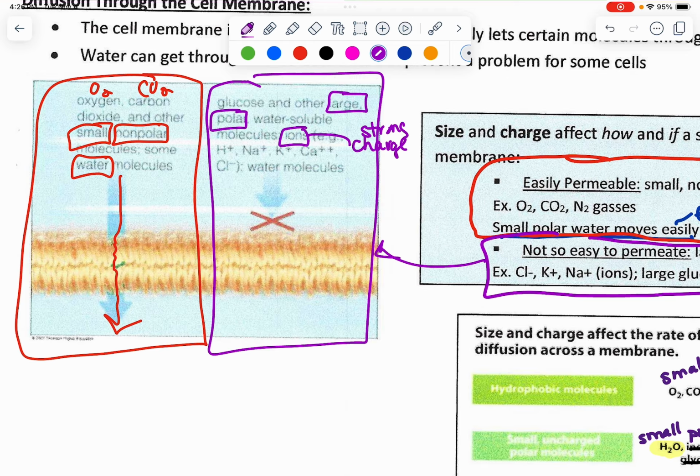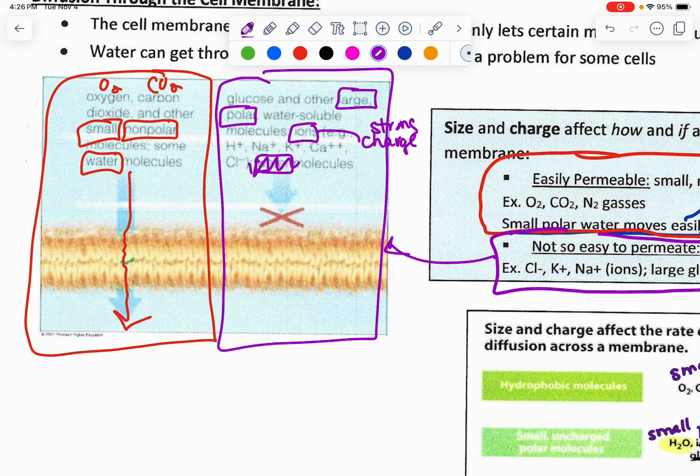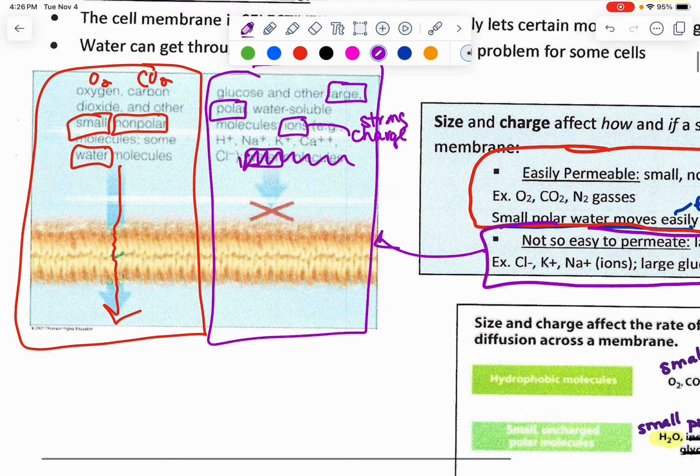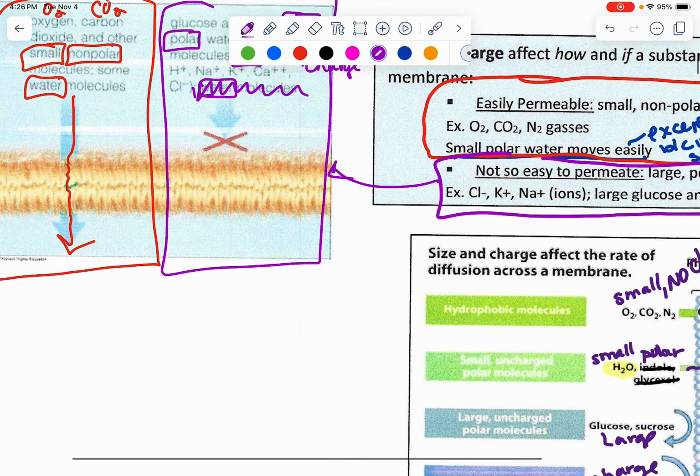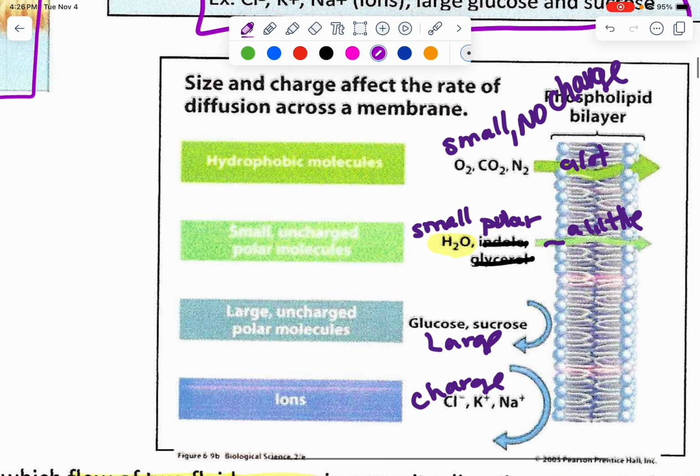Polar is like slight charges. So this mentions water in both. We're going to see some water can squeeze through, but if we want a lot of water to come in, so let's just cross that out. For now, let's assume water can get through. It makes it easier. And then this picture shows you the same thing.